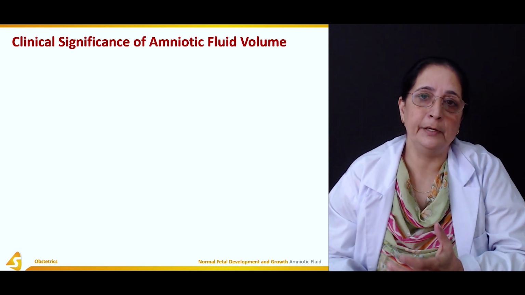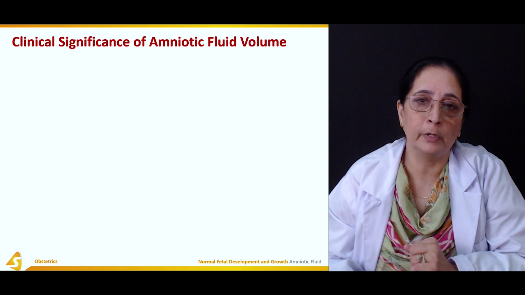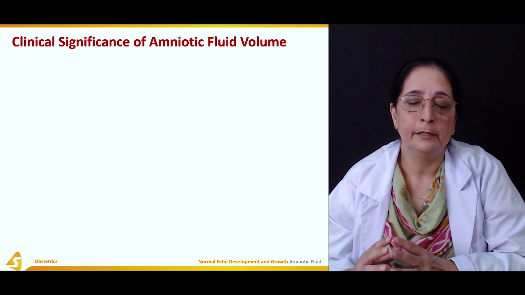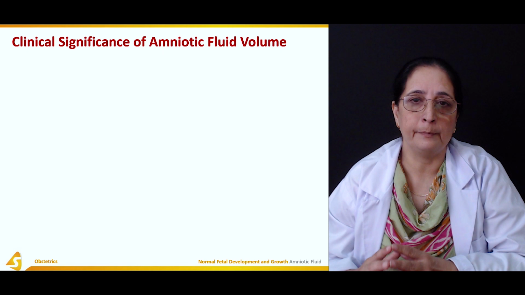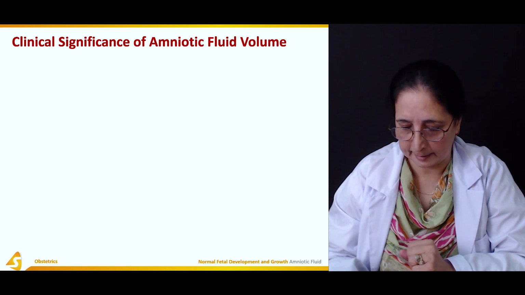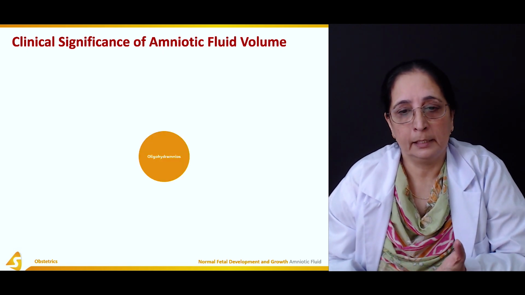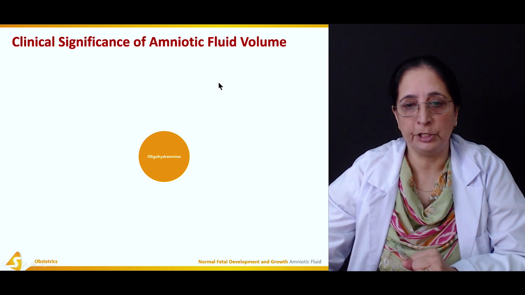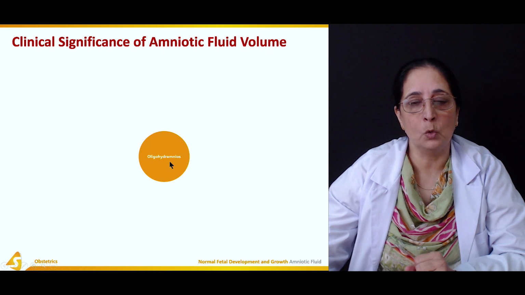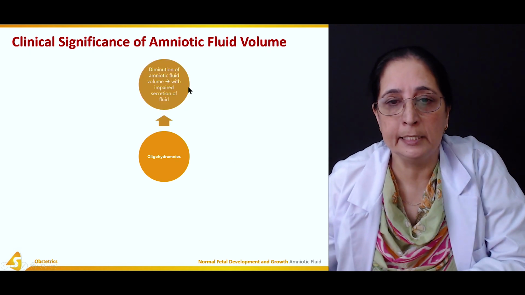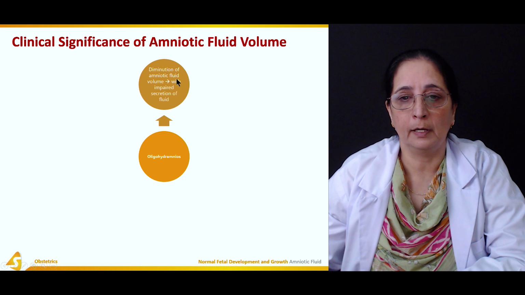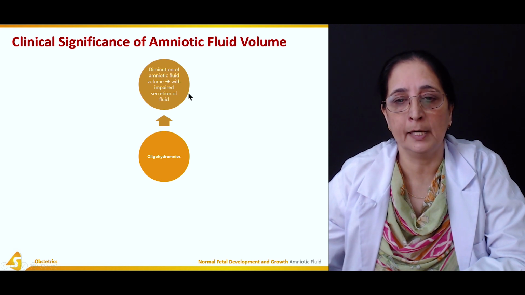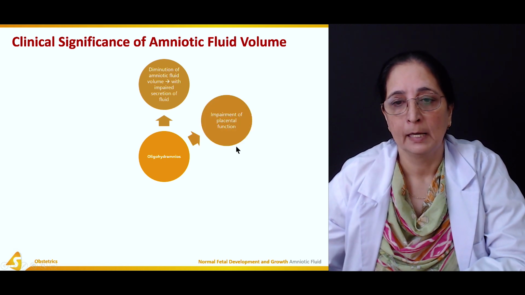Next, what's the significance of amniotic fluid volume? Why should there be enough amniotic fluid volume present? Because if there is less amniotic fluid, the condition known as oligohydramnios, it leads to diminution of amniotic fluid with impaired secretion of fluid.